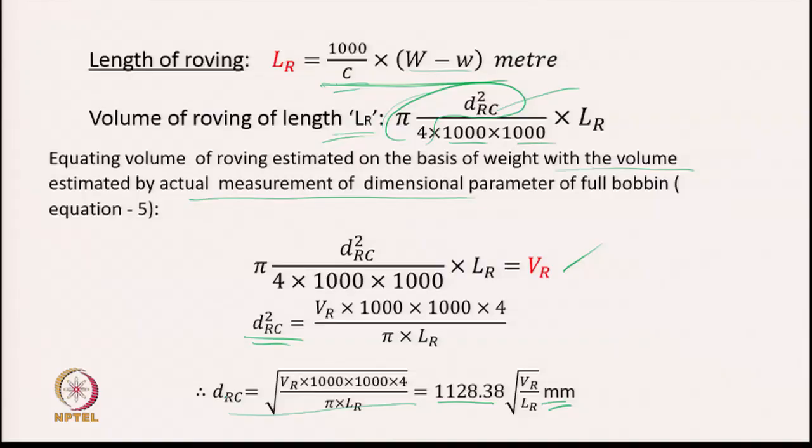So, we can say the average diameter of the roving within the bobbin is going to be a constant multiplied by root over VR by LR, where VR stands for total volume of roving, and LR stands for total length of roving. And these two parameters we have to estimate based on weight and the dimensional parameters of the roving bobbin. Then we can have some idea how much is the average diameter of the roving within the roving bobbin.